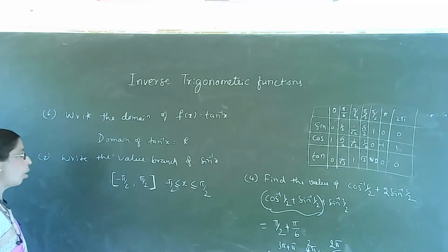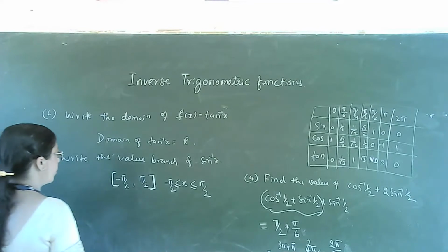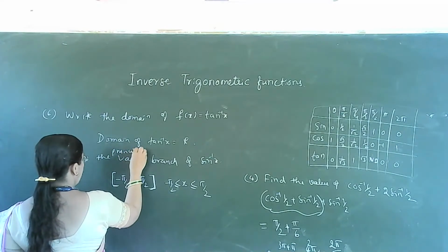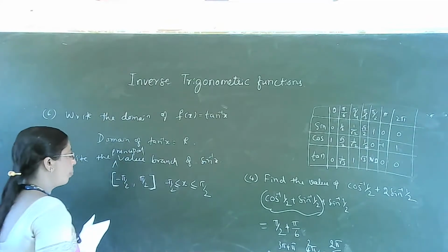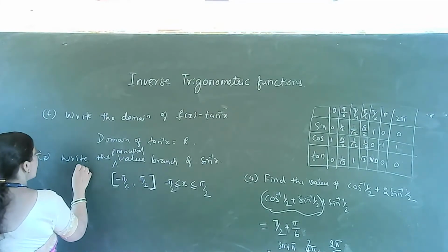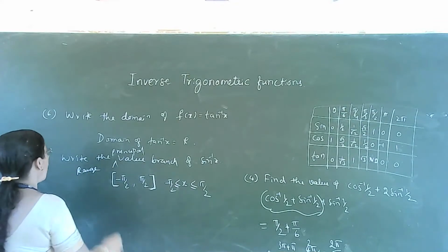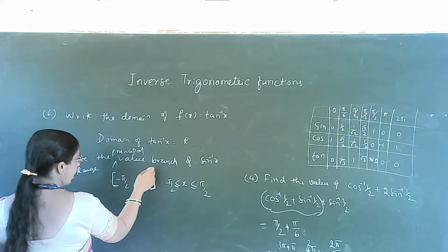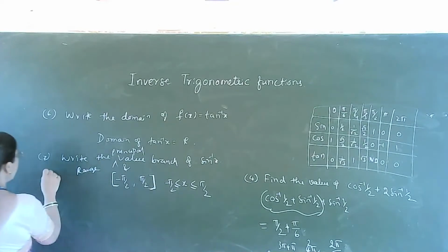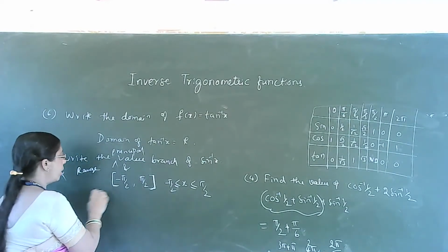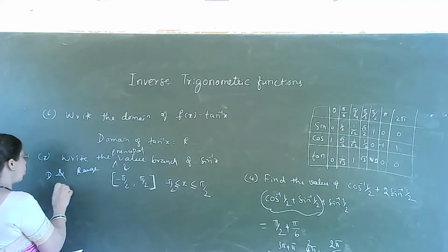They ask only to write the value of the principal value branch of sine inverse x, or sometimes they ask for the range of the function, or range and domain, or domain and range of the function. Here you should write the domain also.